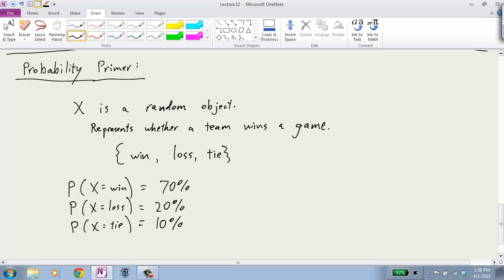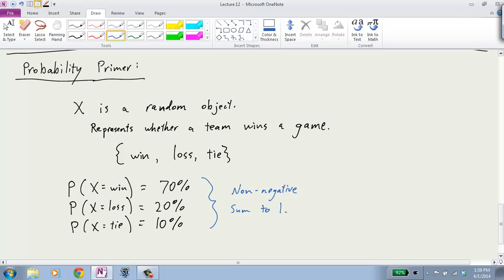Okay, so the first rules of probability are that probabilities can't be negative and that they sum to 1. Okay, so there's our first rules.